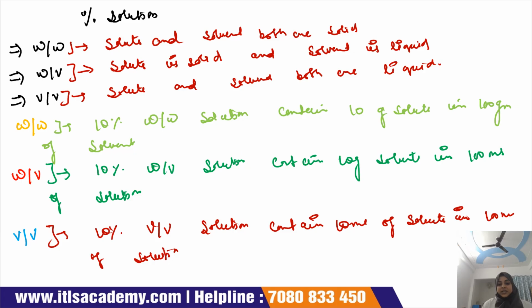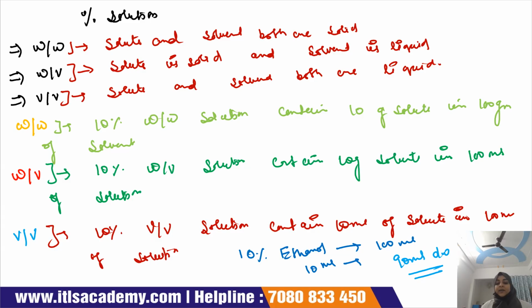Suppose it is said that you have to prepare 10% ethanol. We prepare it for 100 ml simply. So we measure 10 ml of ethanol and dissolve it into 90 ml of distilled water, because it is a liquid case, or you can say the makeup volume is 100 ml. This is how we calculate the percentage solution.